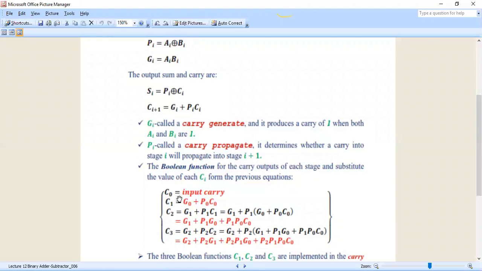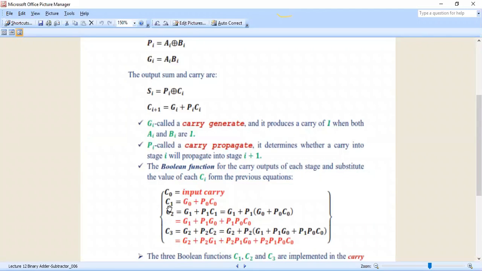So what is the C1 value? First you have to solve this. The i value is assumed 0, and next 1, next 2, next 3. Why? Because here we have to take four adders. So C0, C1, C2, C3. By default C0 is given, so next C1.